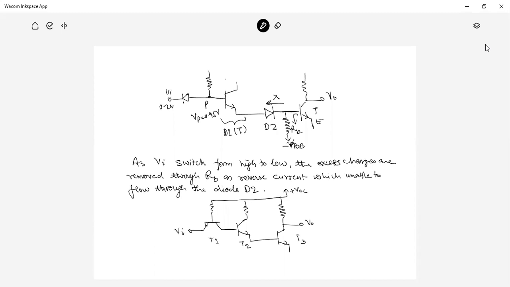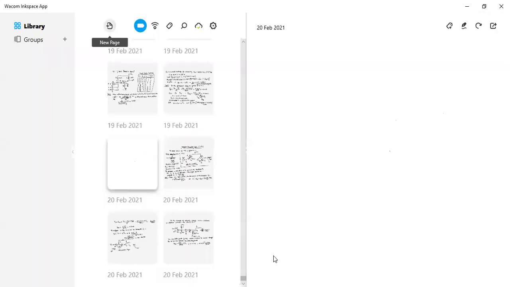So VC at T1 is 0.75 volt, plus 0.75 volt at T2 and T3. The total value is 1.5 volt.